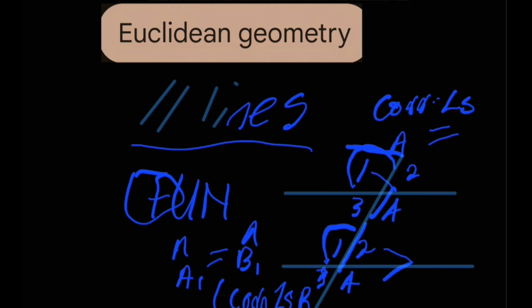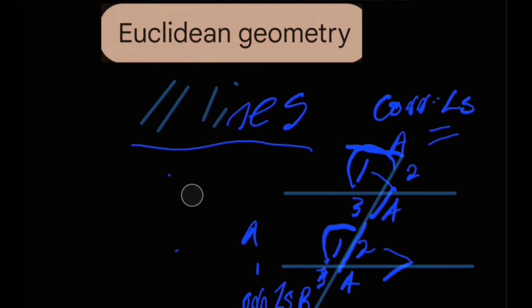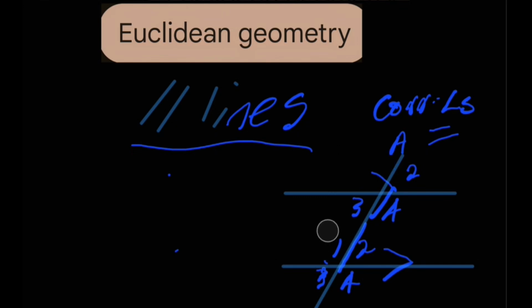Now the U in this case represents co-interior angles, and those angles add up to 180 degrees. So A2 and A4 would add up to 180 degrees because they form a U shape here.